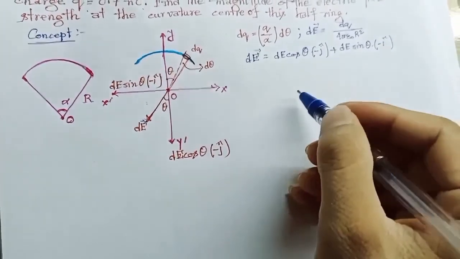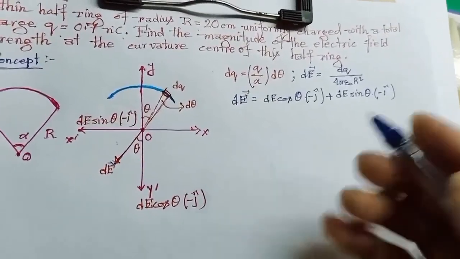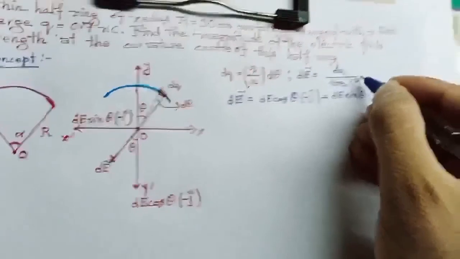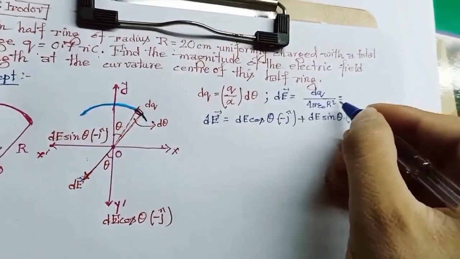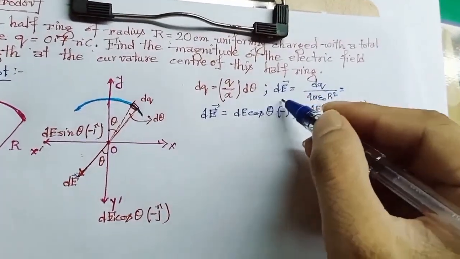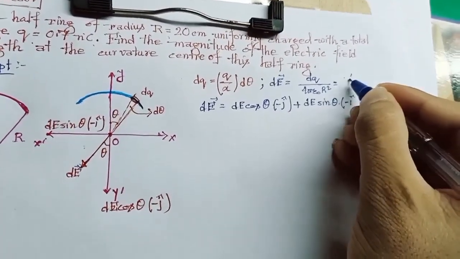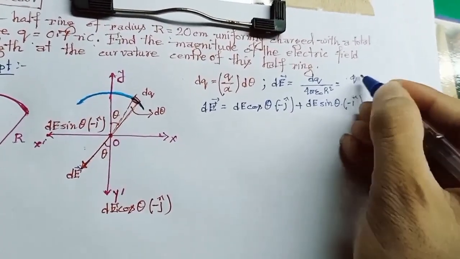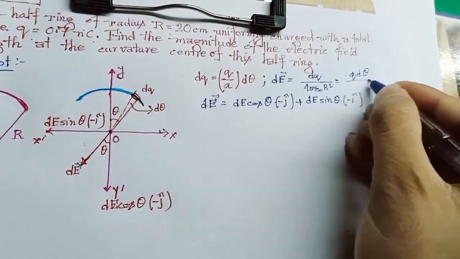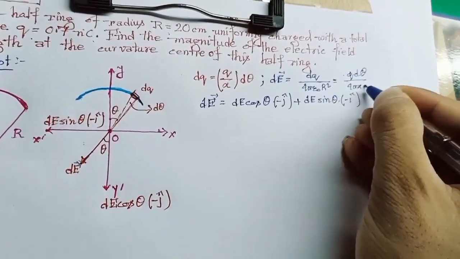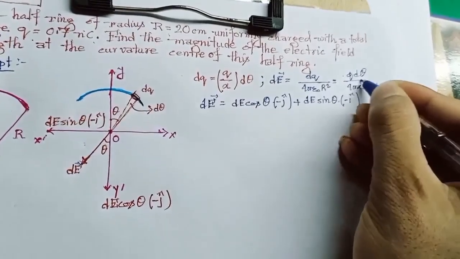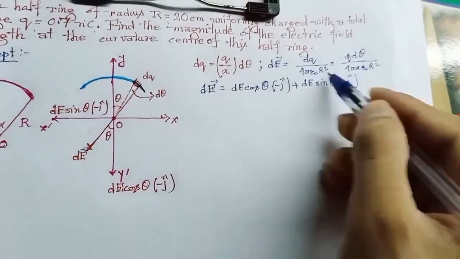Now we'll substitute the value of dq equal to q divided by alpha into d theta. After substituting, we get dE equal to q d theta divided by 4 pi alpha epsilon naught r square. Now we'll substitute this value of dE into the components.